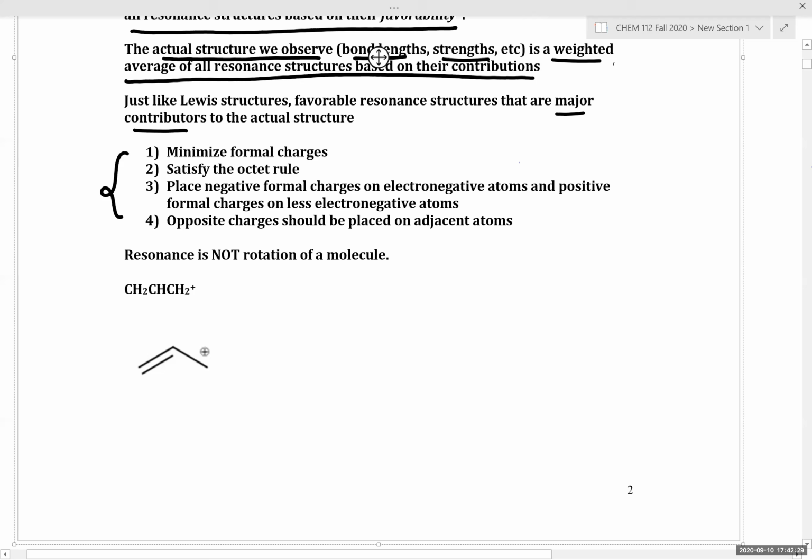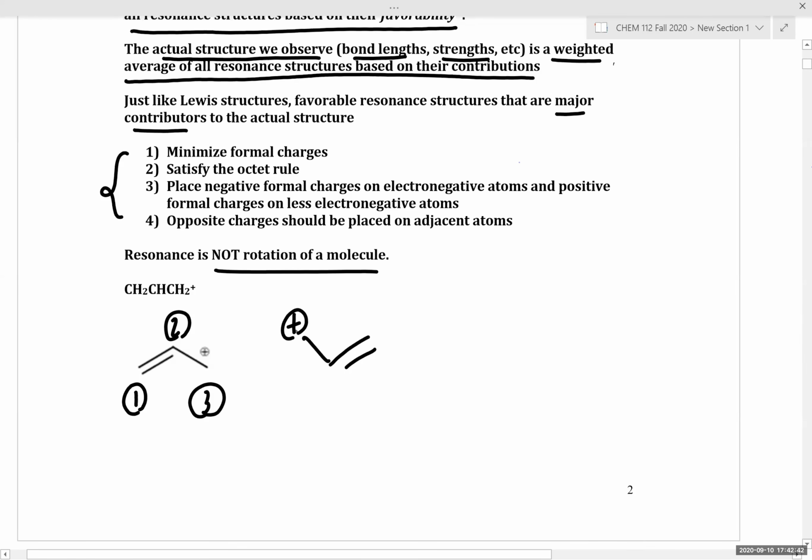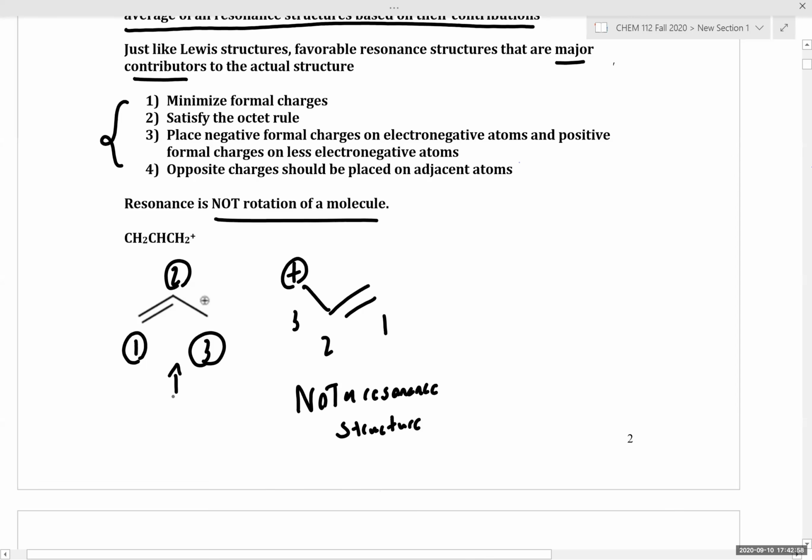Now, resonance is not just rotation of a molecule. So if I label these carbons 1, 2, 3, and I just rotate my molecule, with the same carbon numbering, this is not a resonance structure. Resonance requires a change in the distribution of charge and electron density in our molecule.